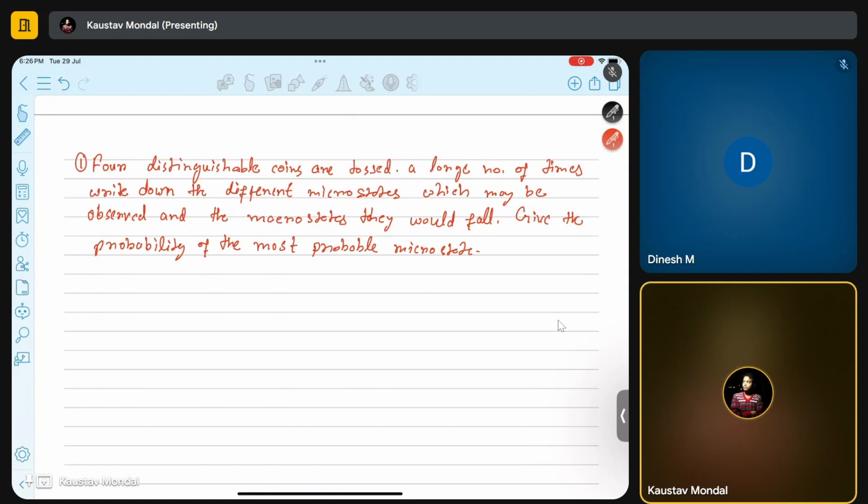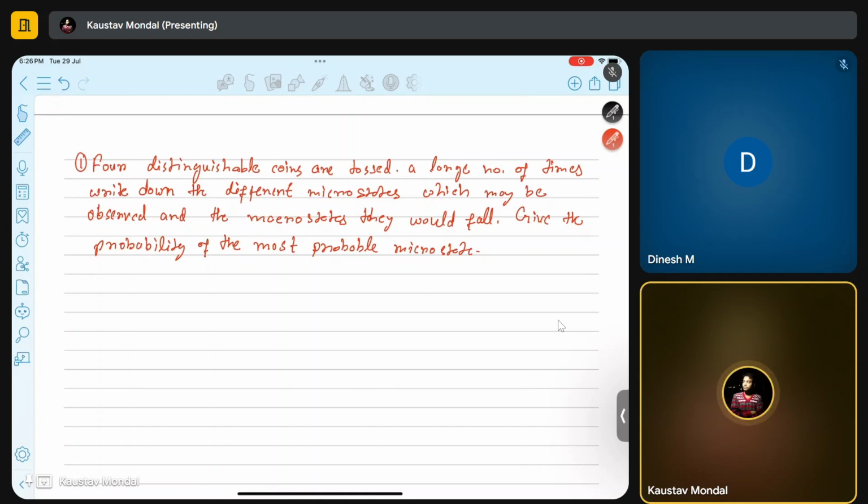So in this way 4 distinguishable coins are tossed a large number of times. That ensures there is no weightage associated with a certain configuration. That's why they mentioned that this experiment is done a large number of times, and they have asked us to calculate the different microstates under a macrostate.